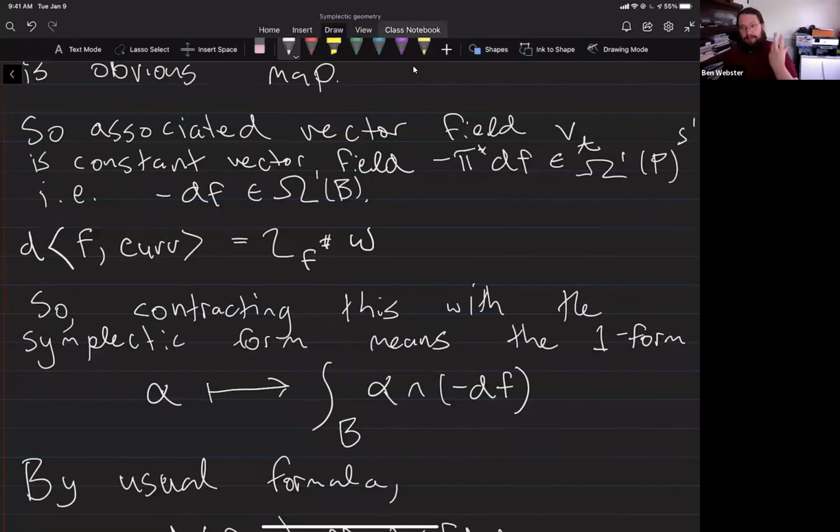So this is the property of being a Hamiltonian vector field for the function of taking the curvature.